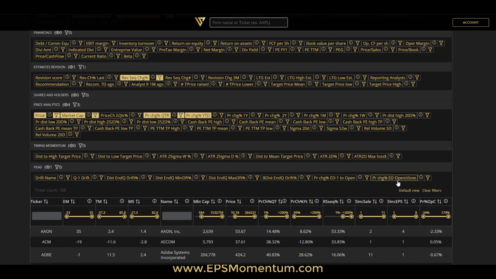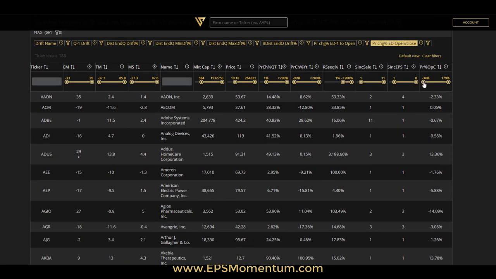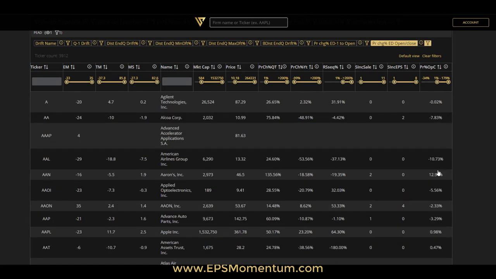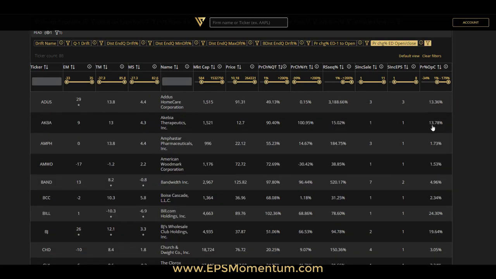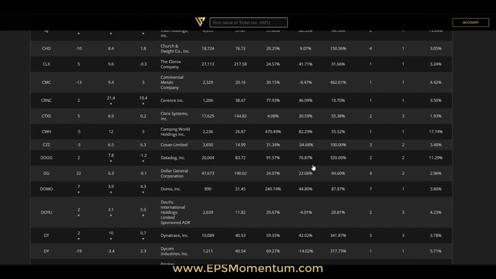So it's the change from the open to close on the day after the earning, right? If that change is positive, that means that institutional investors actually went into the stock and bought it somewhat aggressively, and pushed the stock high up. Why? Because they wanted to participate in the growth of that stock, and they saw an opportunity straight from the first day. So that's useful.